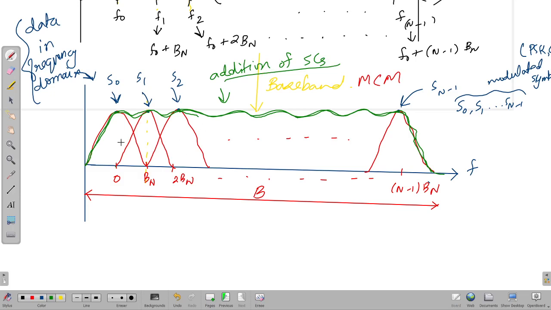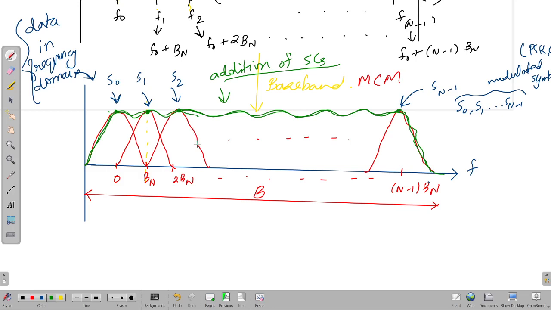And if you plot an OFDM signal in MATLAB, you will see that the spectrum looks like this, with some ups and downs, and that is the frequency domain. It happens due to addition of subcarriers in frequency domain. And these points are very, very important. They are simply the data points in frequency domain.